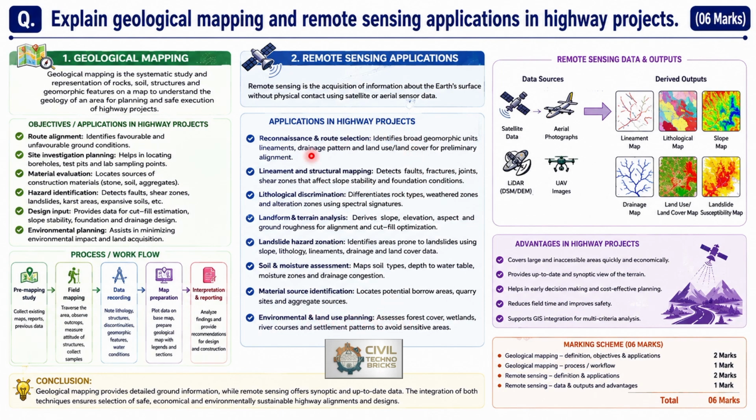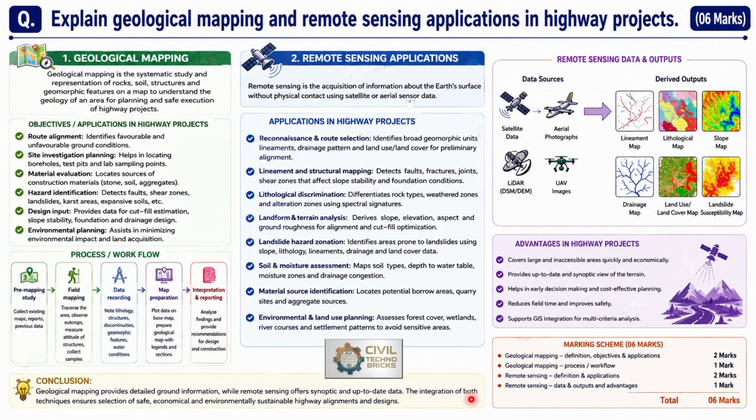So basically, these are also based on a sustainability approach, where we have to follow the activity for the highway project and its efficiency. Most important, the conclusion part, that is geological mapping provides detailed ground information, while remote sensing offers synoptic and up-to-date data on a current basis or on the current ground control point basis.